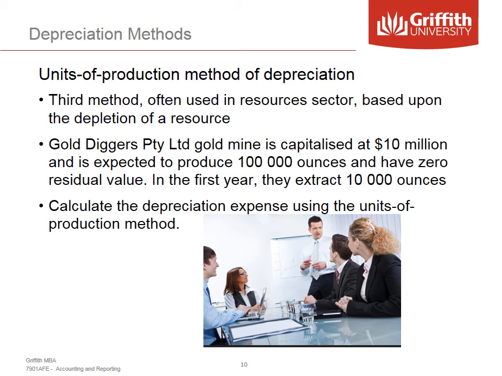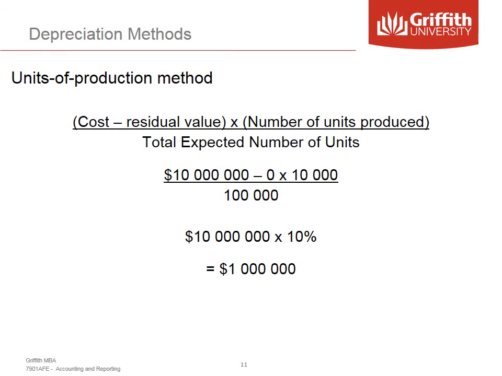Now, if in the first year they produce 10,000 ounces, then you and I can quickly say that the depreciation expense for that first year will be 1/10 of the cost of $10 million. So let's see what the formula looks like. It's the same on the numerator, the cost minus its residual value, in this case estimated to be 0.